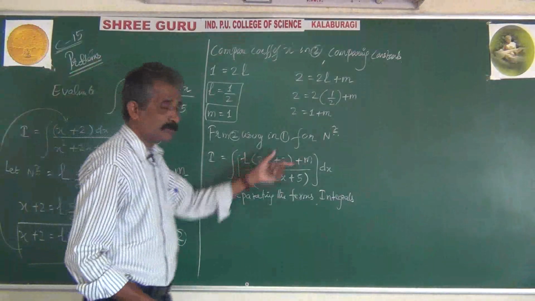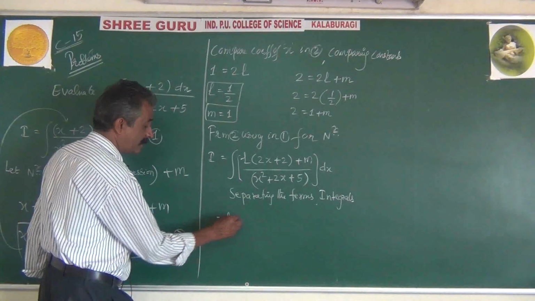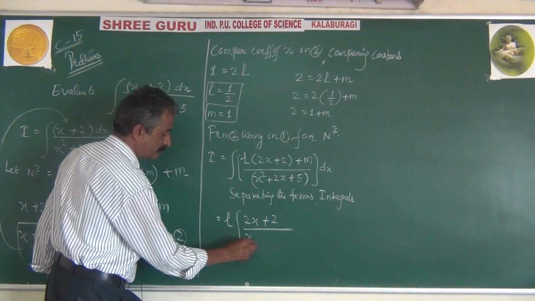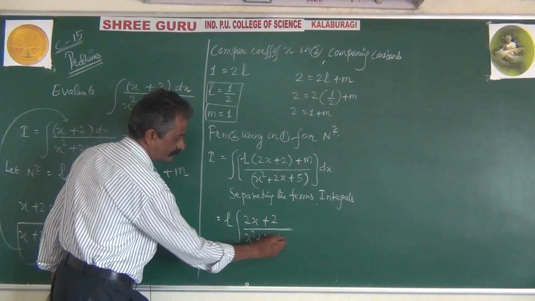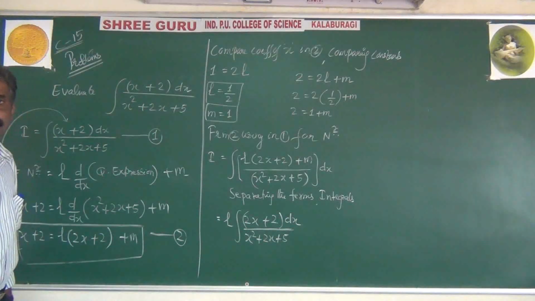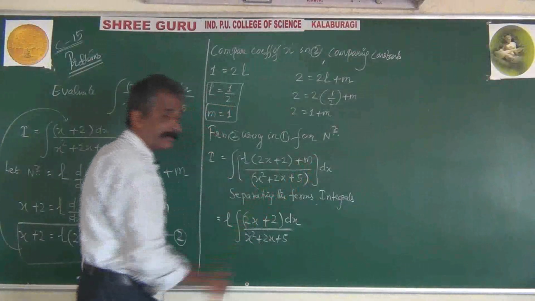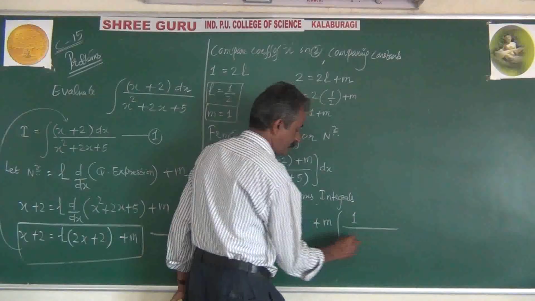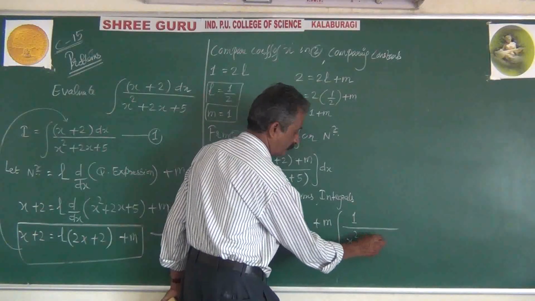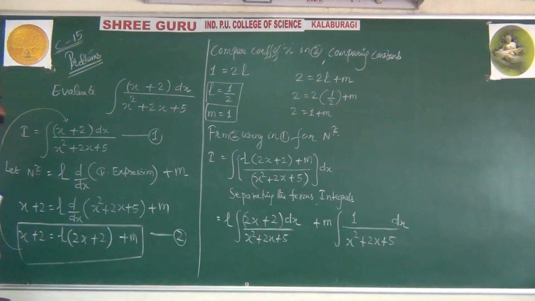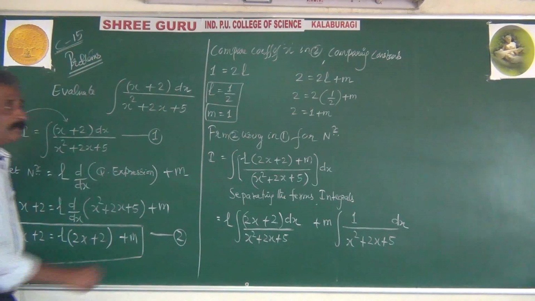There is a sum of how many terms? 2 terms. So we get two integrations. First one, l into integration of 2x plus 2 divided by x square plus 2x plus 5. Next one is m outside, into integration of 1 divided by x square plus 2x plus 5. Now we write back the values of l and m here.